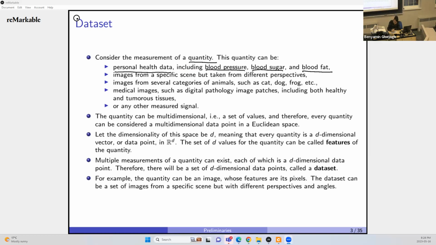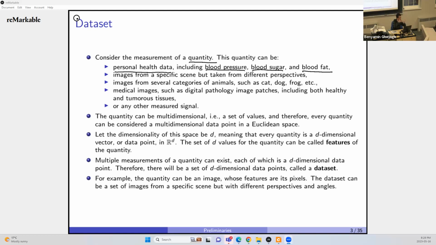Or images of several categories of animals, such as cat, dog, frog, etc. Medical images, such as digital pathology images, also called histopathology images, including healthy and tumorous tissues for biomedical applications, or any other measured signal.